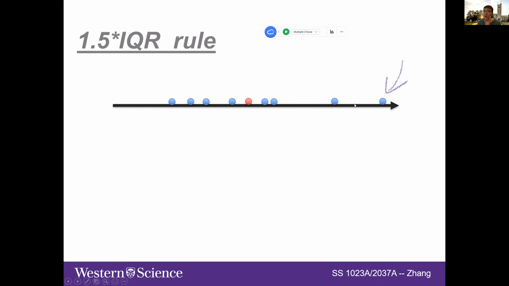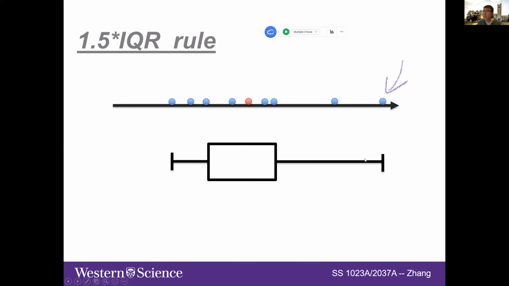Our interest is to ask whether this point is an outlier or not, because it's really far away from our center. To do that, we first look at our minimum and maximum, and that gives the range of this box plot. And according to our Q1, the first quartile, and our third quartile, it determines the body of this box plot, right? And based on the median, we determine this bar here.